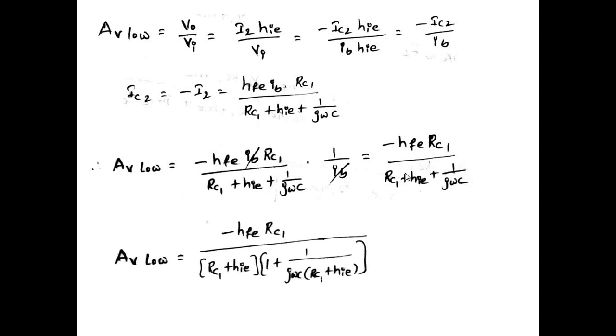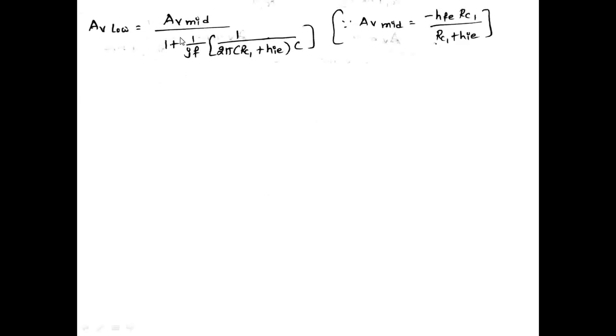If you take that as common, you will get minus HFE into RC1 divided by RC1 plus HIE into 1 plus 1 divided by j omega c into RC1 plus HIE. Now you can replace this entire factor with AV mid. You replace that with AV mid divided by 1 plus 1 by jf into 1 by 2 pi into RC1 plus HIE into C. Why did we get this?